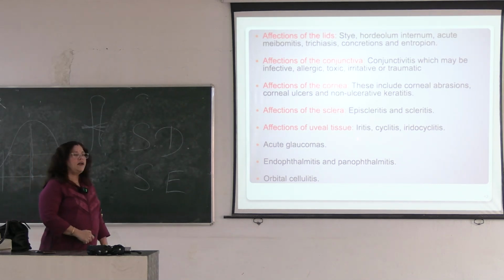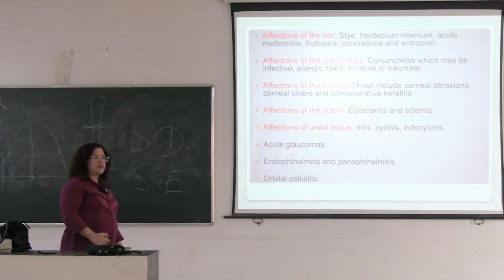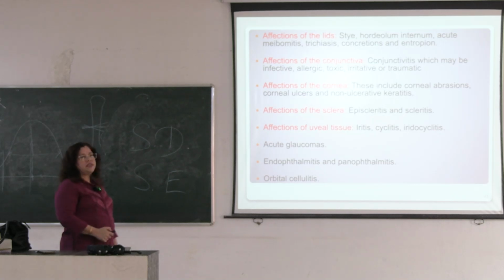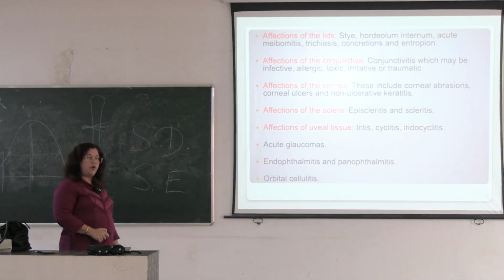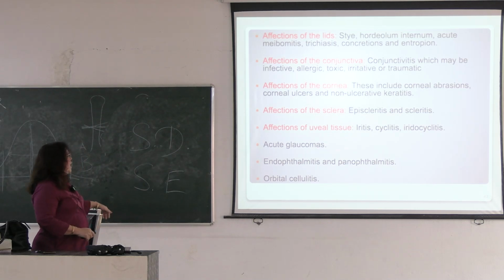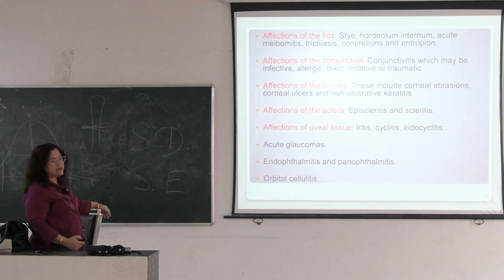Iritis means inflammation of the iris, cyclitis means inflammation of the ciliary body, and iridocyclitis means inflammation of both the iris and the ciliary body. Then acute glaucoma also causes watering, as do endophthalmitis, panophthalmitis and orbital cellulitis.